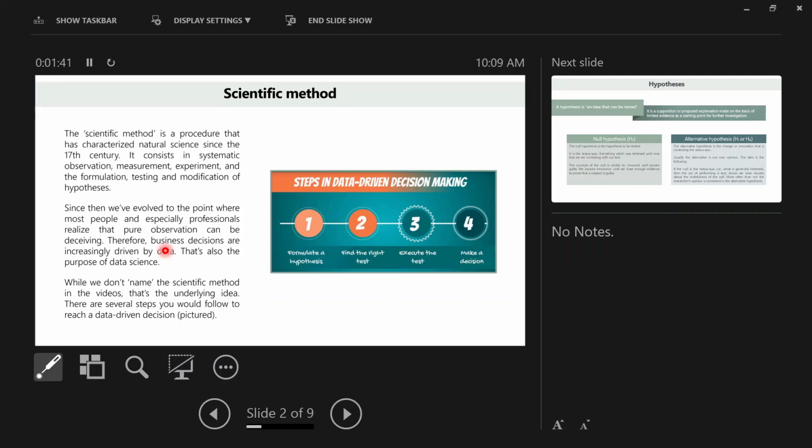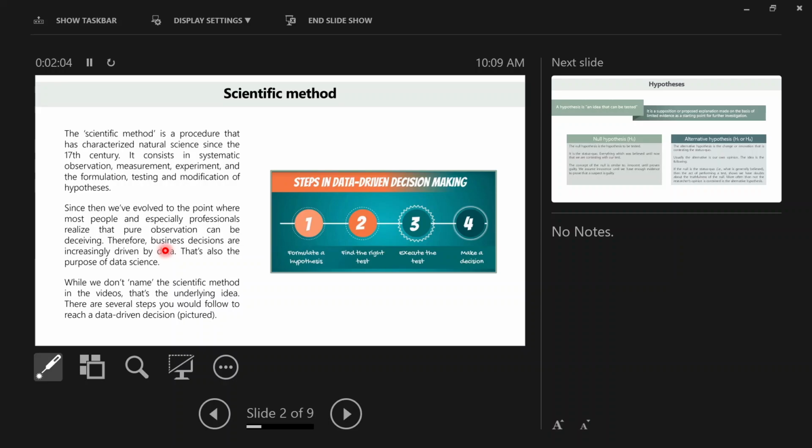What they mean is that if you want to make a decision by just observing, sometimes it can be deceptive, right? That's what that statement means. Therefore, business decisions are increasingly being driven by data. That's also the purpose of data science.